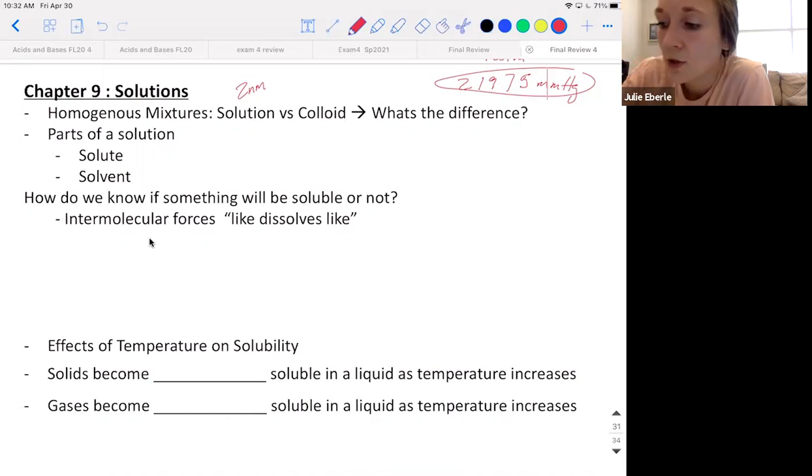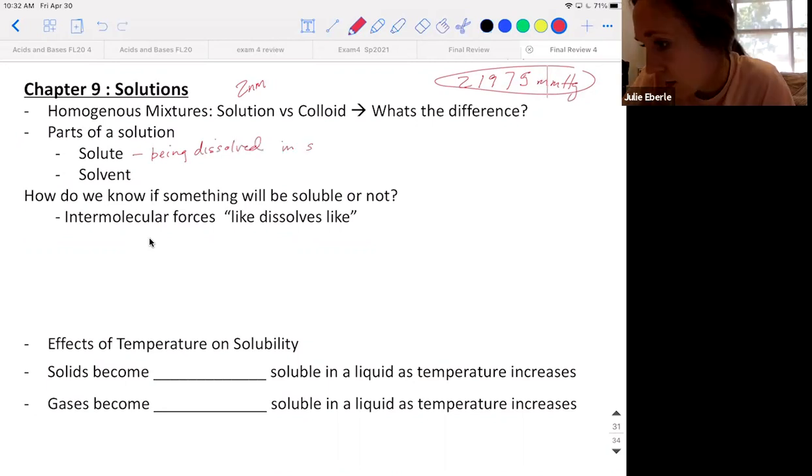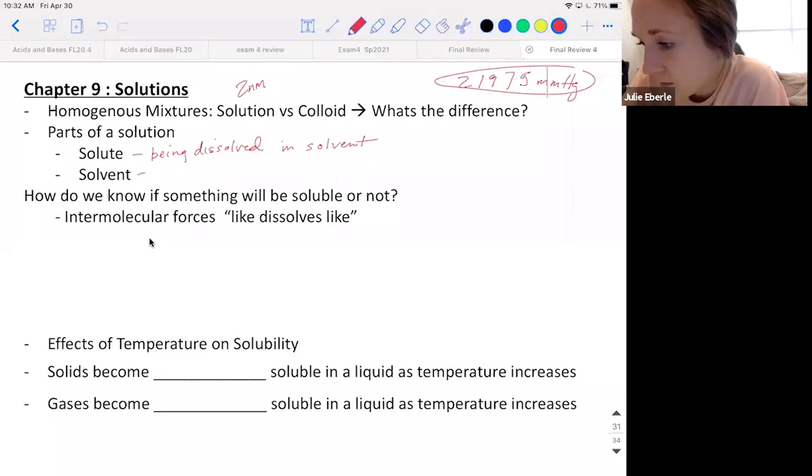Okay, parts of a solution. You have the solute and the solvent. The solute is present in smaller amount. It's being dissolved in the solvent. So you have more of your solvent and it is dissolving the solute.